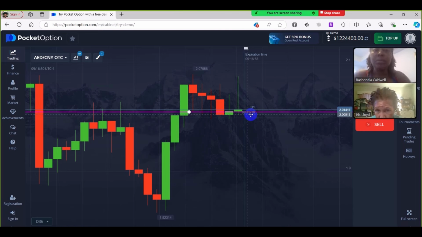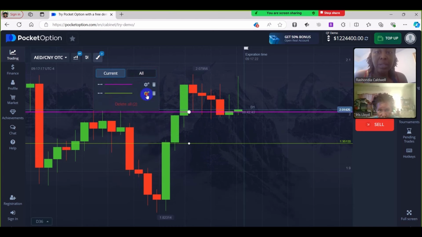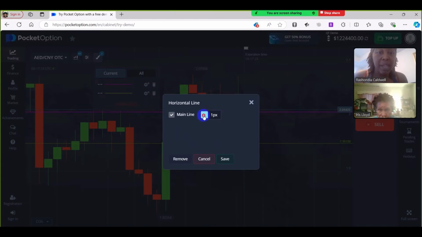So what your job is, is to come in here on the daily chart, see where you are, and then find your wicks from the previous candles and draw your horizontal line. Okay? You find your horizontal line.